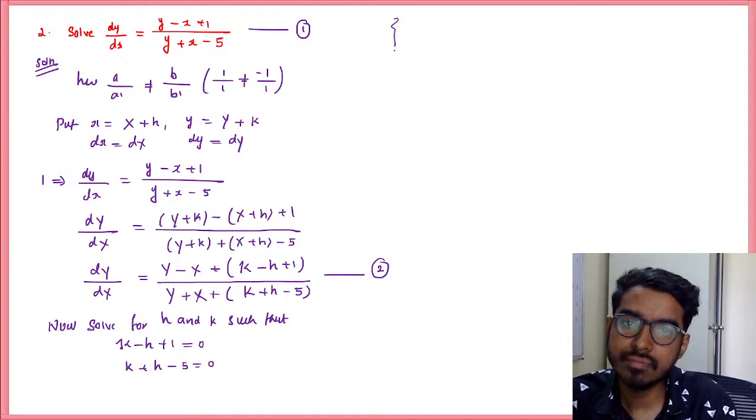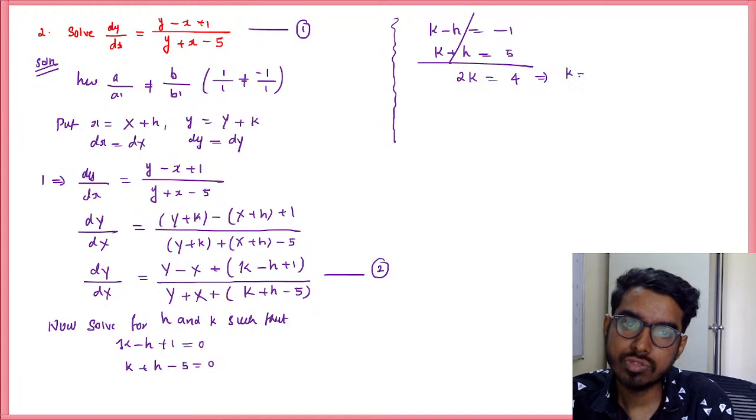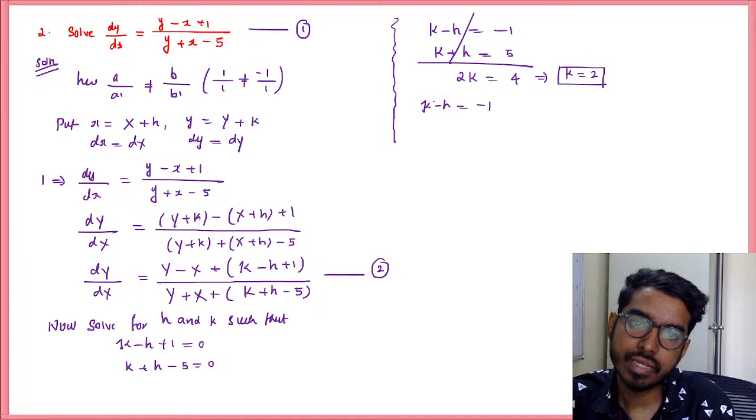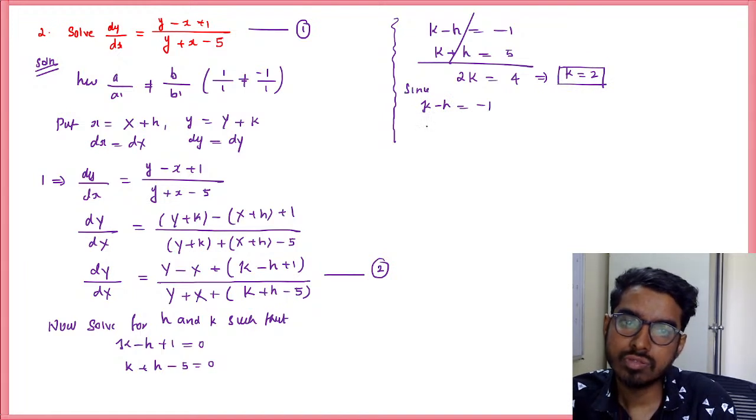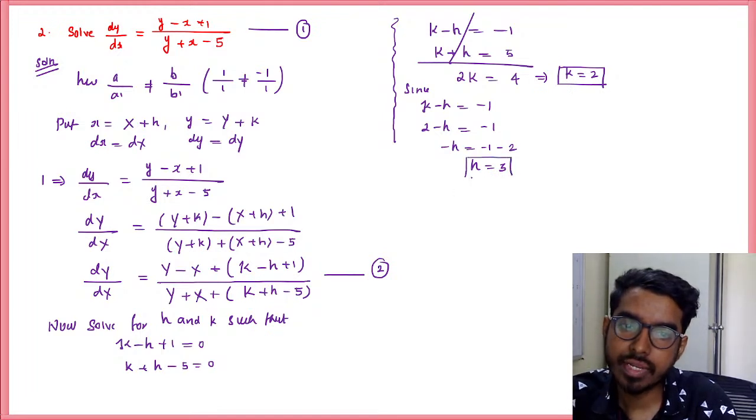So we will have k minus h equal to minus 1 and k plus h equal to 5. We will have 2k equal to 4, so k is equal to 2. And since k minus h is minus 1, 2 minus h is minus 1, so minus h is minus 2, so h is 3. So we have k equal to 2 and h equal to 3.